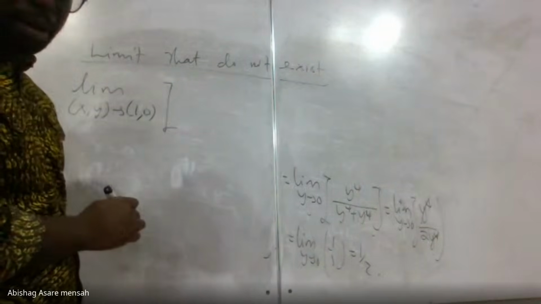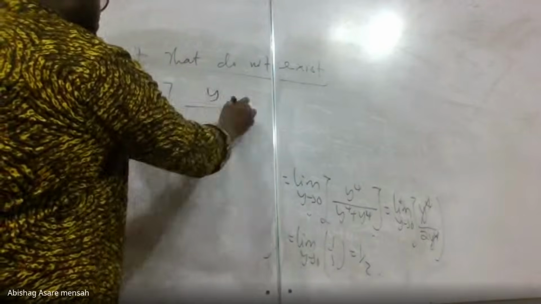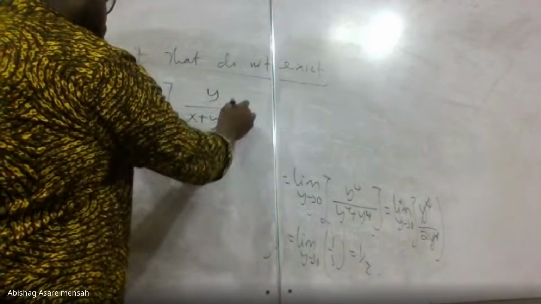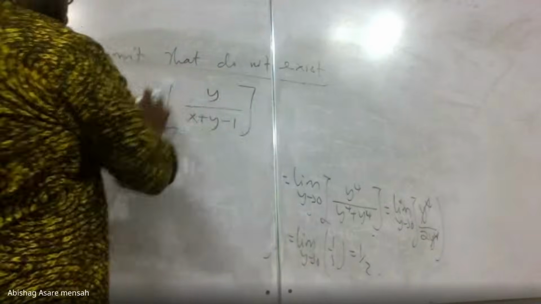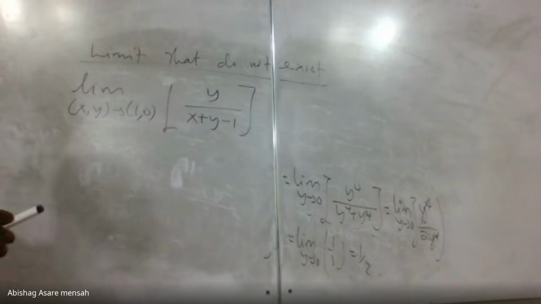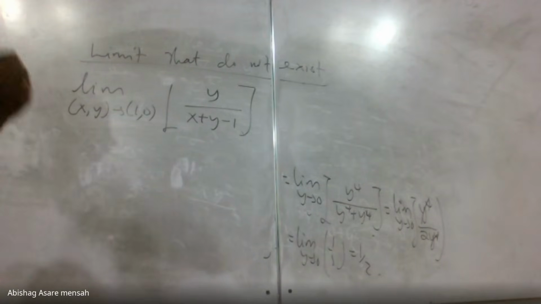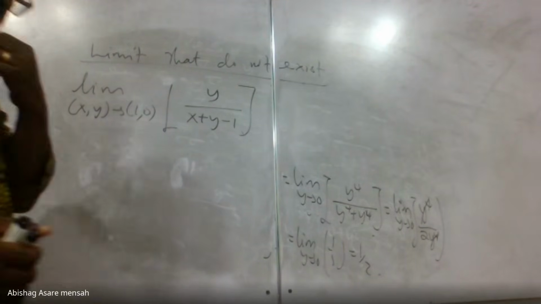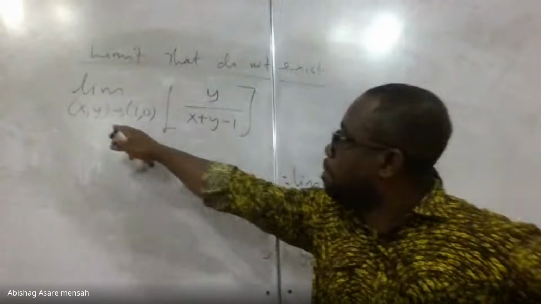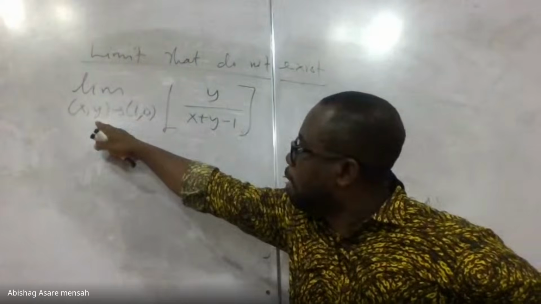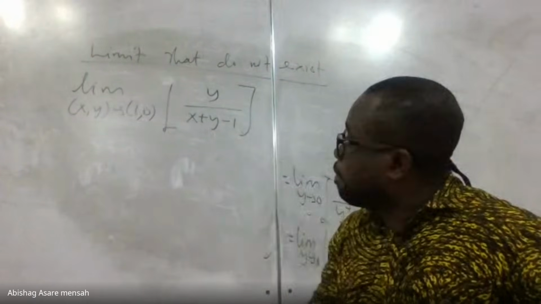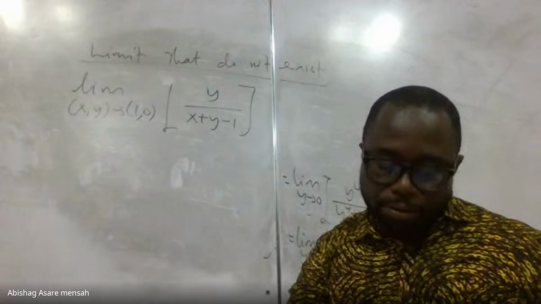So this time I have the function with x plus y minus 1. I want you to work this time, x is moving to 1 and y is moving to 0. So I want you to try that one too.